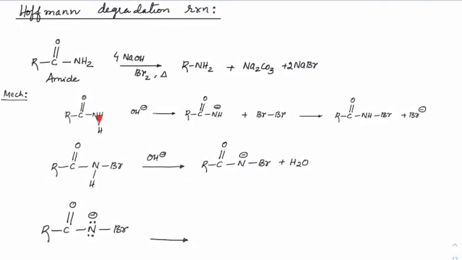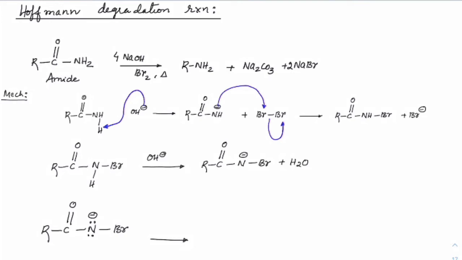Amides are relatively more neutral than amines, and their basicity is very less. So OH minus will extract the proton because you are adding a strong basic group here, and it will form NH minus, which will act like a nucleophile and attack bromine to give an N-bromoamide.